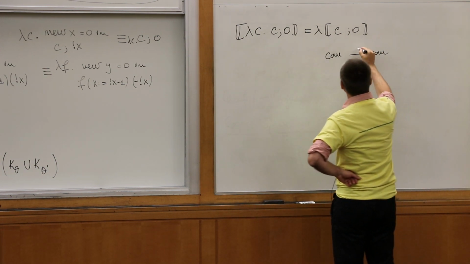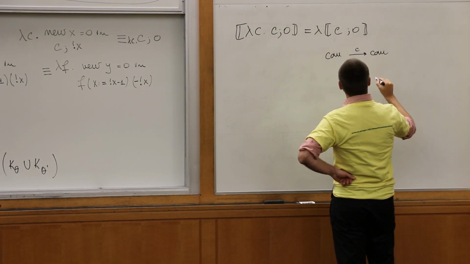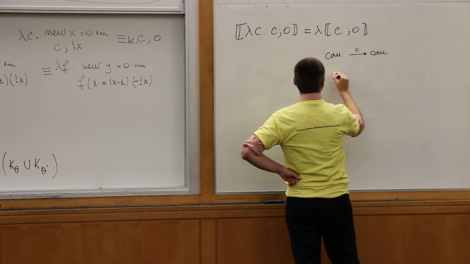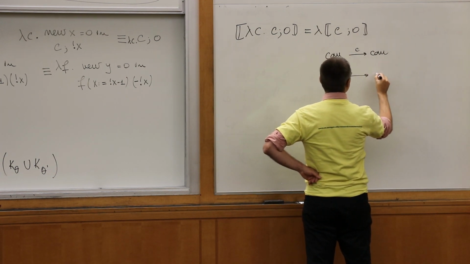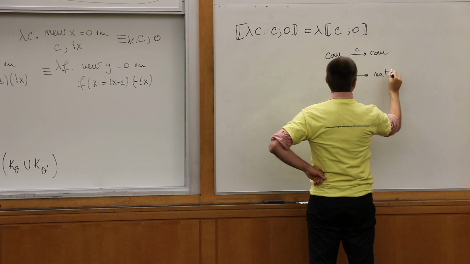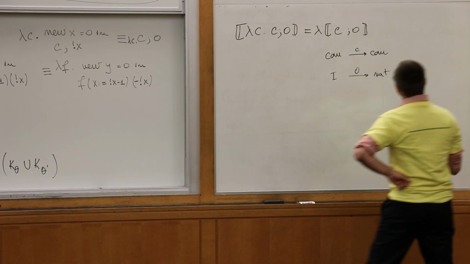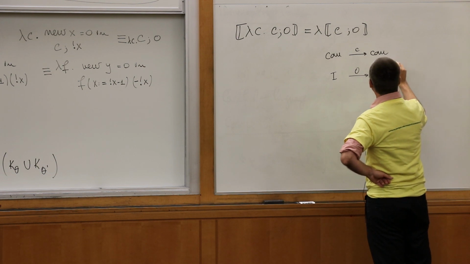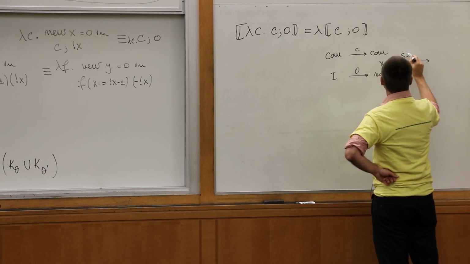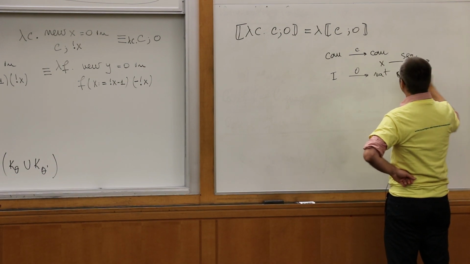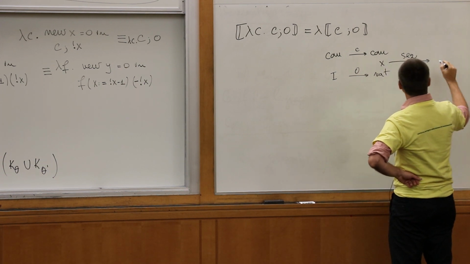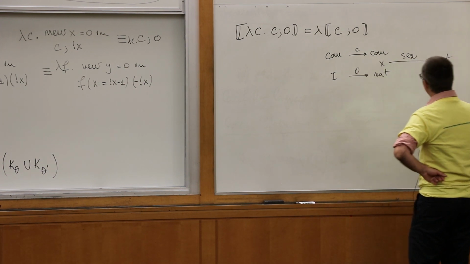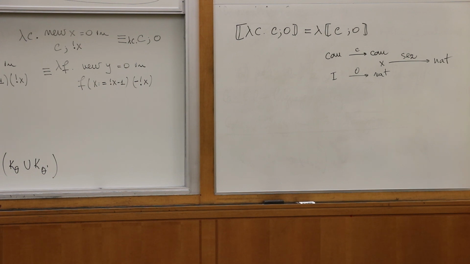This is C. And then we have 0 that goes from unit to some natural number. This is 0. And from these two together, we have sequential composition, which composes a command with a natural number, and you get a natural number.